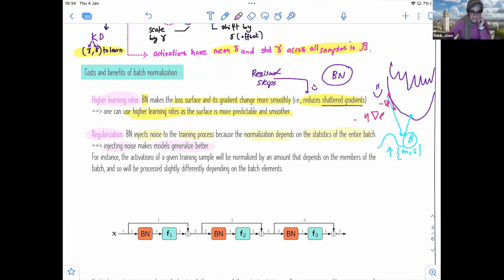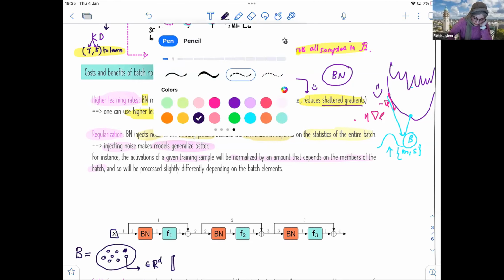For example, the activations of a given training sample will be normalized by an amount that depends on the members of the batch. So if we have X here, and we feed X as a single member, and X happens to be in this batch, let's call this batch B. This batch B has all these samples. Each sample belongs to R^D, it has D-dimensional features. And then we feed this sample X into the network.